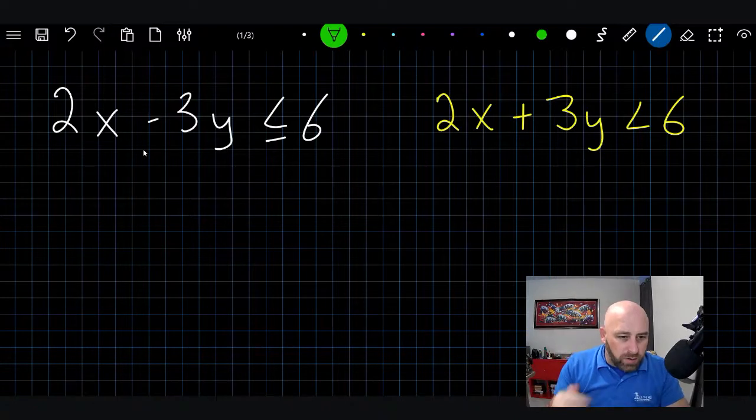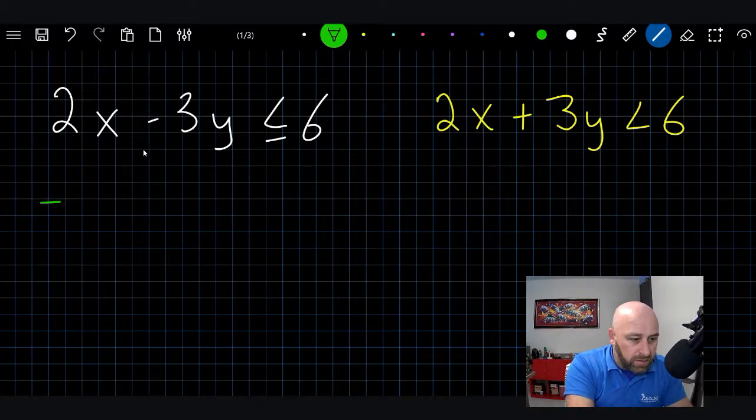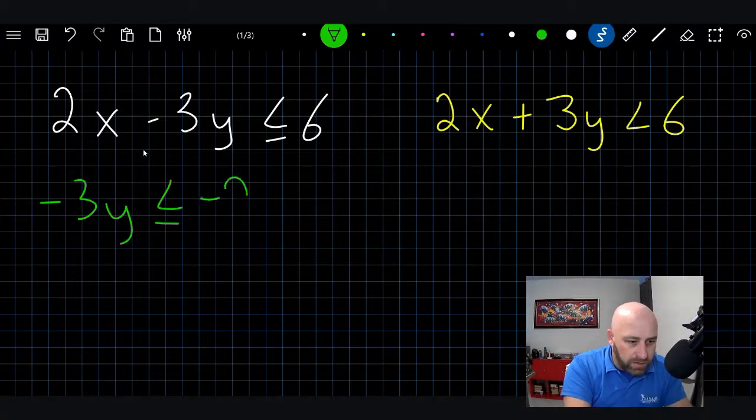All right, let's go ahead and solve these. Again, let's put it into y-intercept form just like we did on the last lesson. So that's going to be negative 3y is less than or equal to negative 2x plus 6.